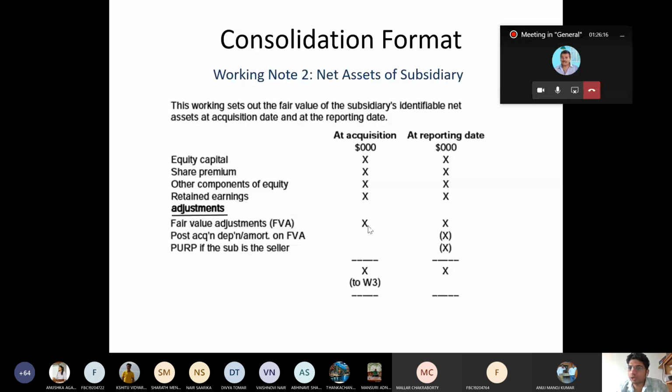That can be positive also, that can be negative also, obviously. Fair value can be lower or fair value adjustment can be higher. So we'll adjust that.